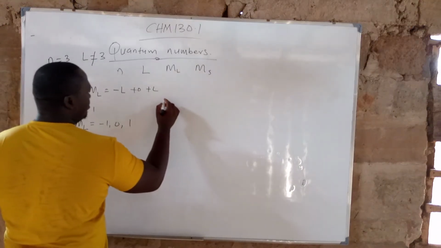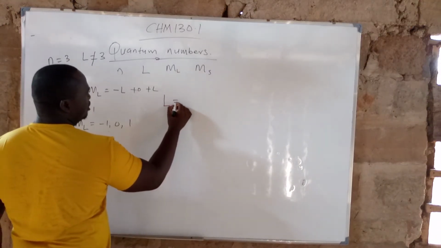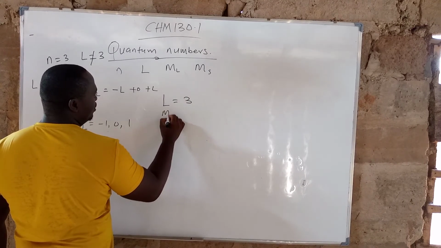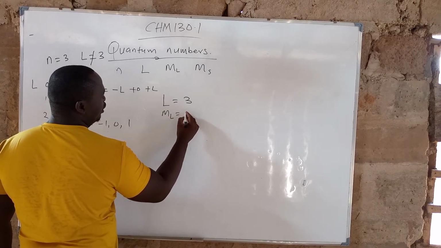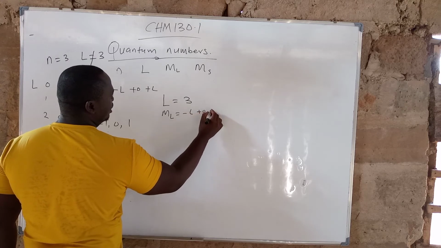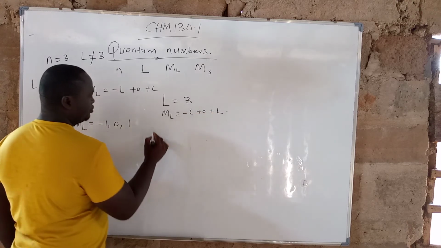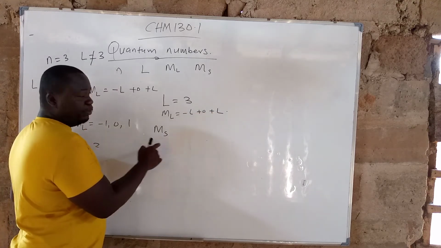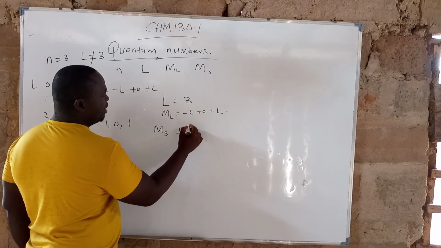I told you that if L is equal to 3, our ML will range from minus L to plus L. Now, MS, as the magnetic spin, ranges plus or minus 1/2.